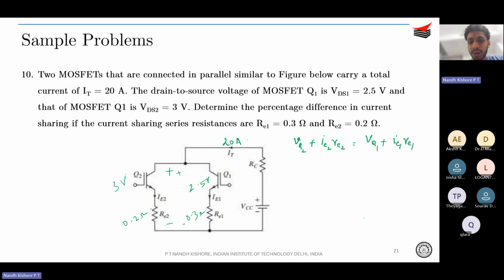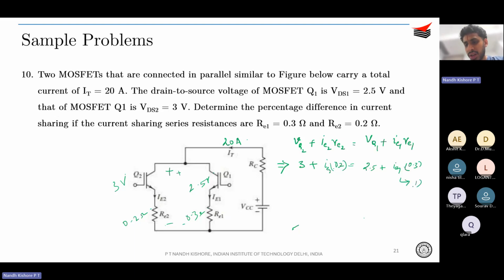So I think it is obvious, right? VQ2 is 3 plus IE2, which you don't know yet, into RE2, which is 0.2 ohms, is equal to VQ1, which is 2.5, plus IE1 into RE1, which is 0.3 ohm.